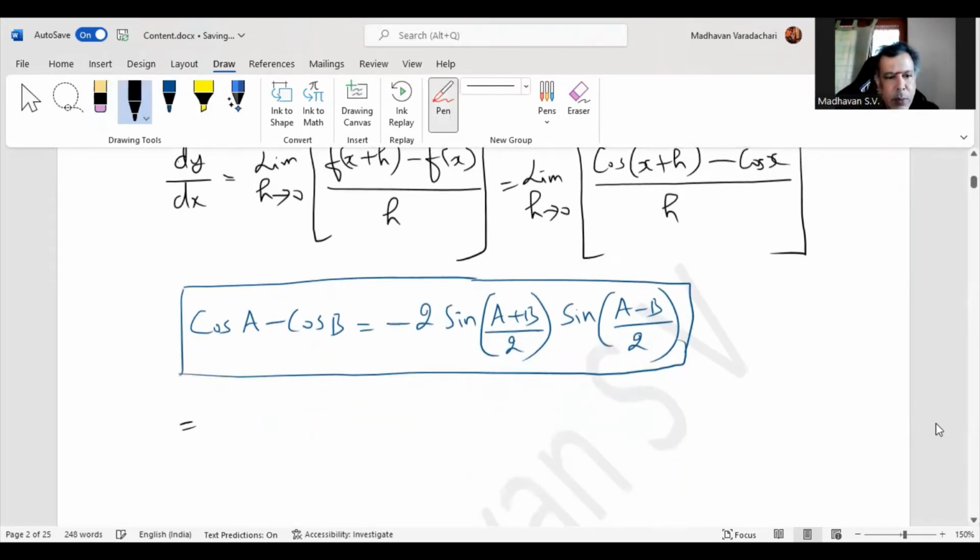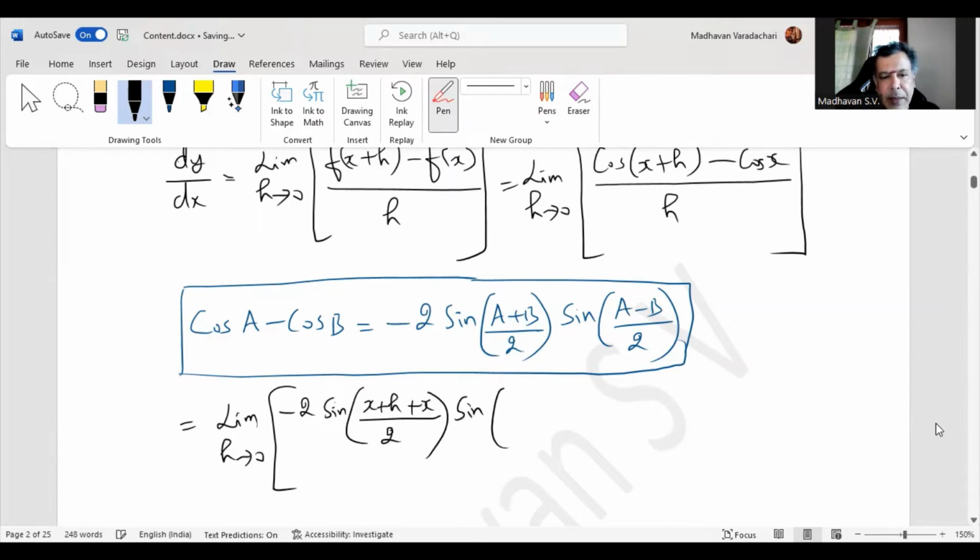So this is equal to limit h tends to 0, numerator will now become minus 2 times sine of (x plus h plus x) divided by 2, where A is x plus h and B is x, times sine of (x plus h minus x) divided by 2, the whole thing divided by h.